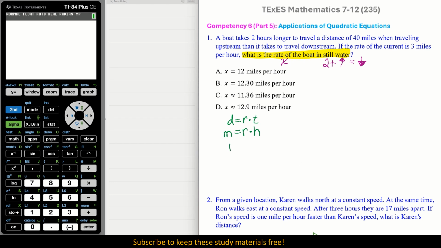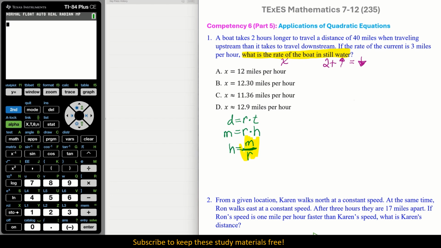If we're talking hours, we know that the hours equal the miles over whatever rate we're talking about. So now this gives us something to substitute into our basic elementary equation we've got going on here.